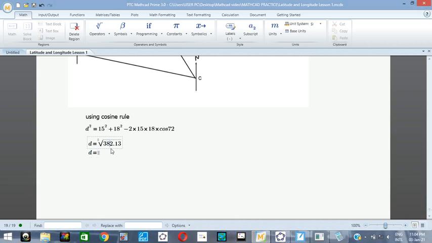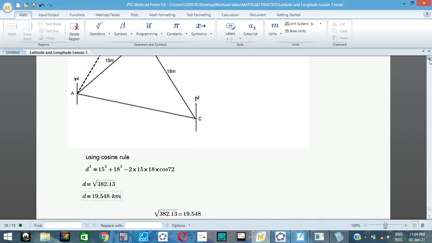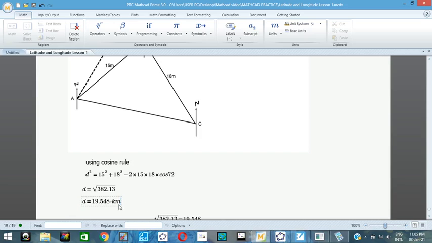Let me do that one separately here. Okay, so square root of 382.13 is equal to 19.548. So AC is going to be 19.548 kilometer. Let me see our question. Is it given in kilometer or in meters? Okay, it's given in meters, so not kilometer.